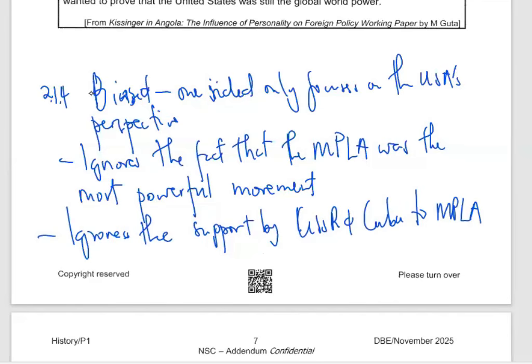Despite the USA focusing on its support for UNITA and FNLA, it is also ignoring some definite facts: that despite them not wanting the MPLA to control Angola, the MPLA was also strong and powerful, and also the fact that some other countries, like the USSR, and also Cuba, were also supporting the MPLA. Those are facts which are ignored in the source.